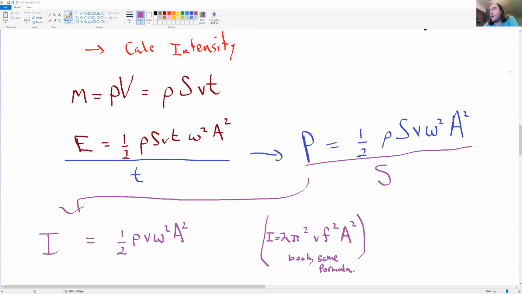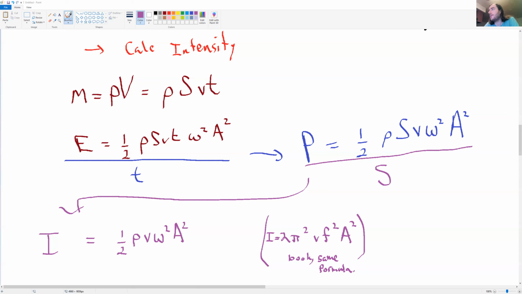Okay, so I have a question for all of you. It's a simple question, nothing we should spend too much time on. Suppose I have a wave, it's traveling in space, and I double the frequency of the wave. How much would the intensity change by? So I'll type it in chat.